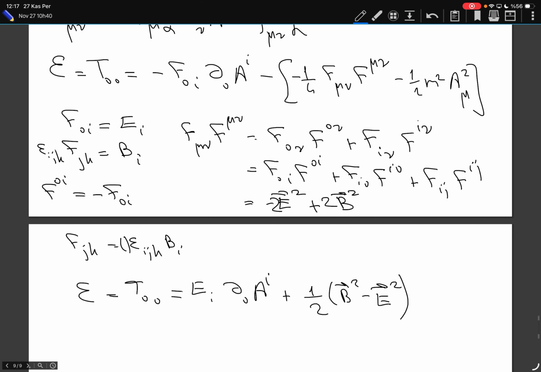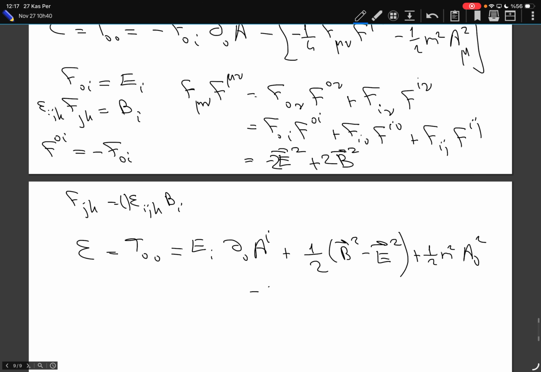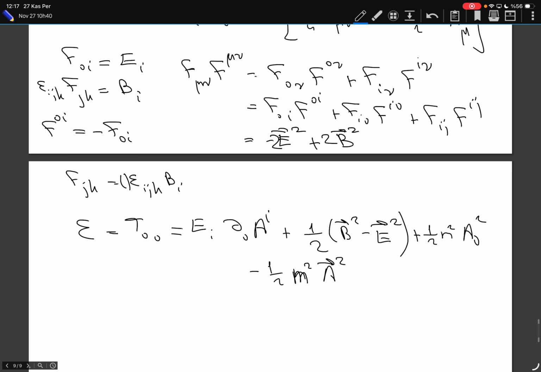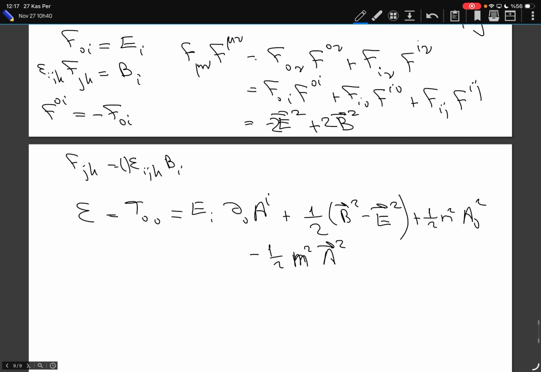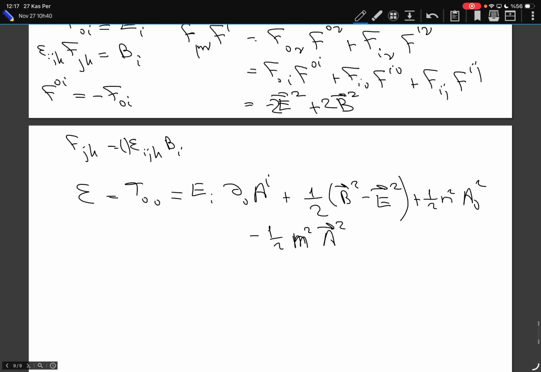And then I have plus 1 over 2 M squared A_0 squared, minus 1 over 2 M squared A squared. Okay, this is my energy momentum tensor. Well, it still doesn't look so nice. Let me play around a bit.